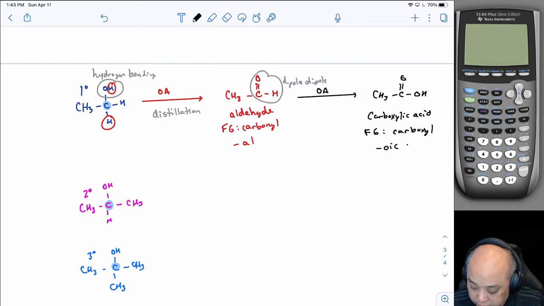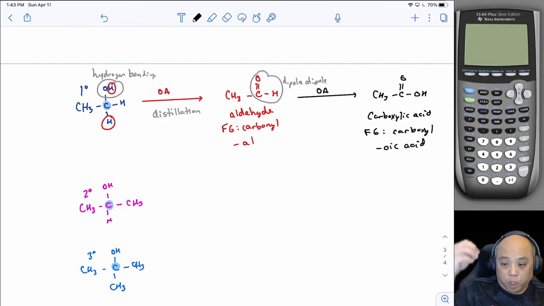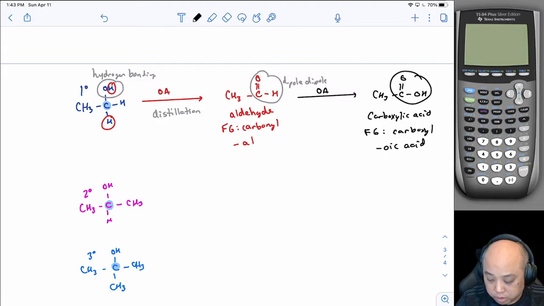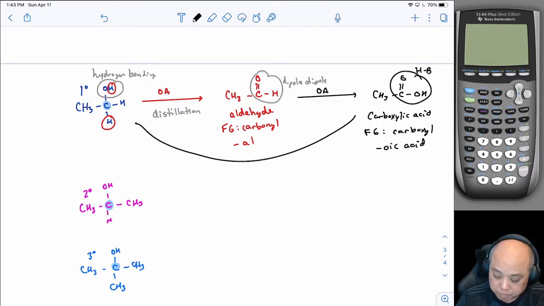And it ends in oic acid. And so if you somehow get that aldehyde to go back into the flask and react more and more, it will eventually oxidize further to make a carboxylic acid, which has hydrogen bonding, which means it won't distill off like the aldehyde would. And so what we do to get there is we heat under reflux.